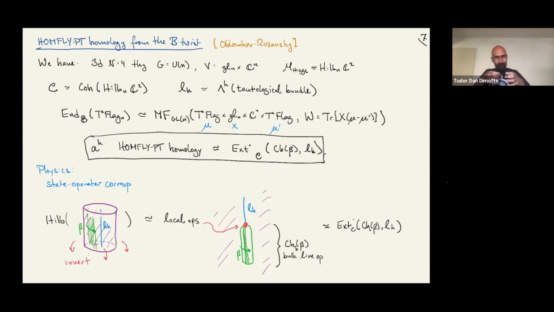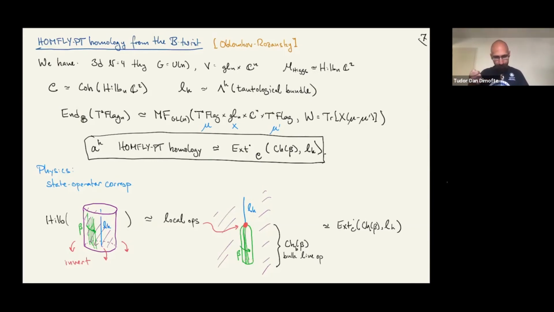So now we have a very, very thick line operator coming from this wrapped boundary condition with a braid interface. And we have our very simple Wilson line, L_k. And the Hilbert space on the left has become local operators at the junction of this Wilson line and this very thick boundary condition.